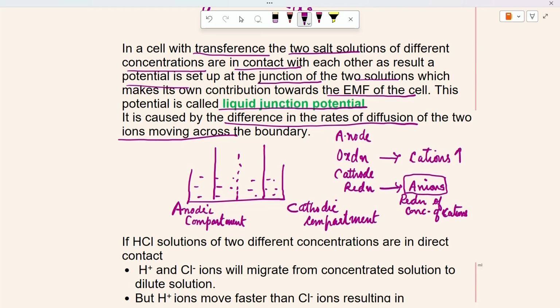Here cations are increasing, while in this case the concentration of cations decreases. Now, what happens is that when there is an increase in concentration of cations at one side and on the other side there is a decrease in concentration of the cations, naturally these ions tend to flow from one half cell to the other half cell.